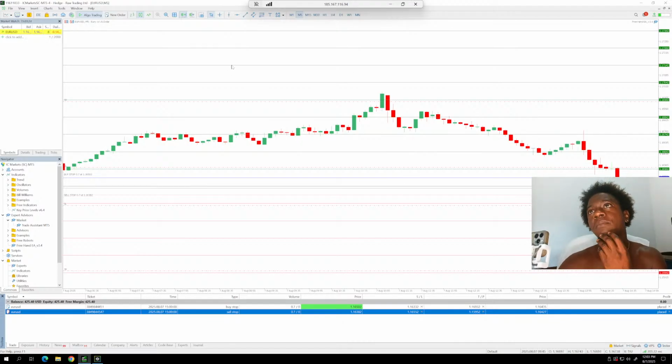And then we have to remember that once we get a 1-to-1, or once we get into either a buy stop or a sell stop on a live account, we are going to scale in. As of next week, I believe I'm also going to scale in on the FTMO account because I see that that method is actually working. So I'm going to be scaling in on both accounts next week.